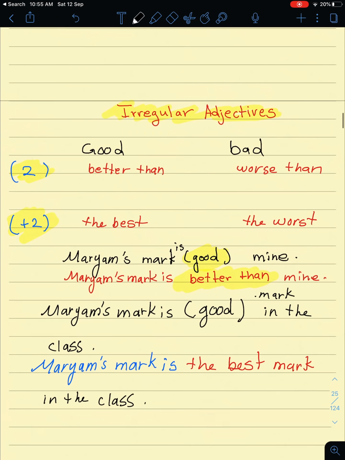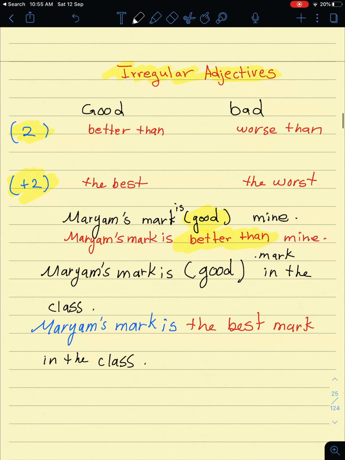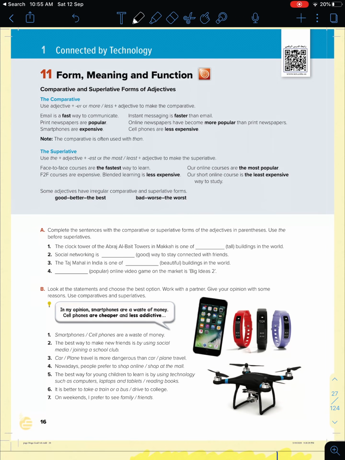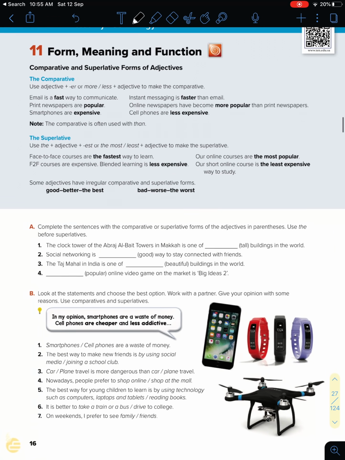So these are the irregular adjectives. So right now we have talked again، بعيد لكم تكلمنا عن irregular adjectives, superlative adjectives and comparative adjectives، وكلهم يستخدمون للمقارنة.